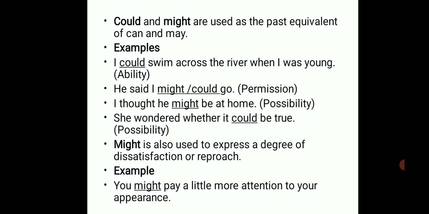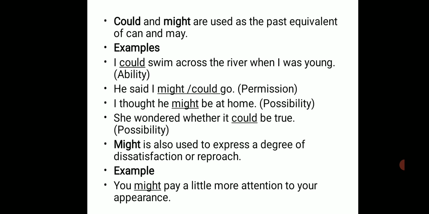Remember, can is the present, could is the past, may is the present form, might is the past form. Observe these examples and try to understand their function or the mood that they express. I could swim across the river when I was young. Now, here it refers to ability. I could.